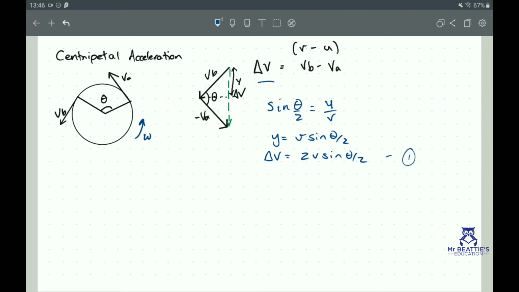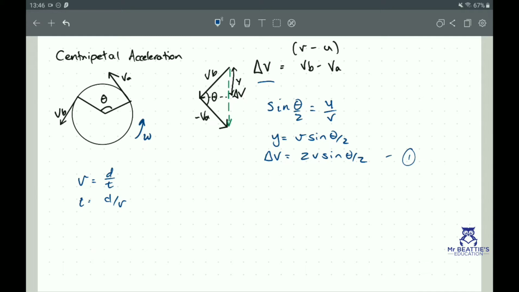What we're going to do now is think about our overall equations for velocity. Velocity is equal to distance over time. We rearrange that for time is equal to distance over velocity. Now we're going to say that the distance travelled by the object around that circle is going to be the arc length.